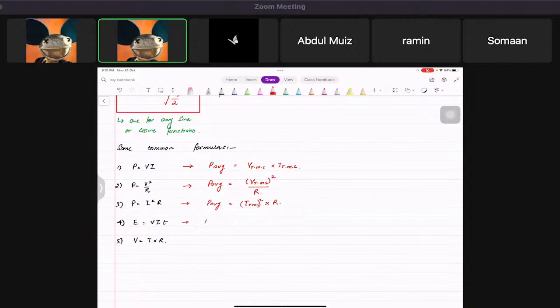And then for average energy, we would use V RMS times I RMS times T, because T is just a value.